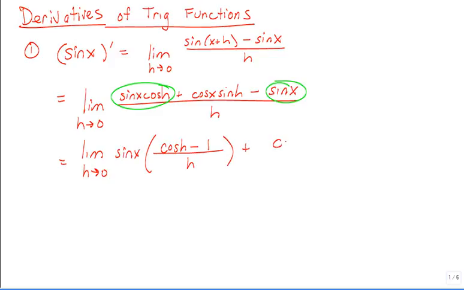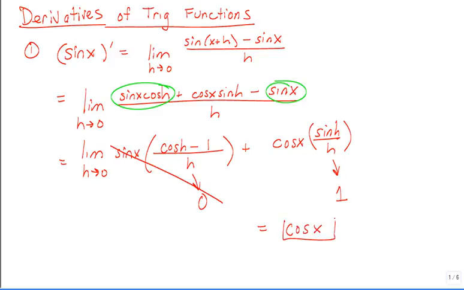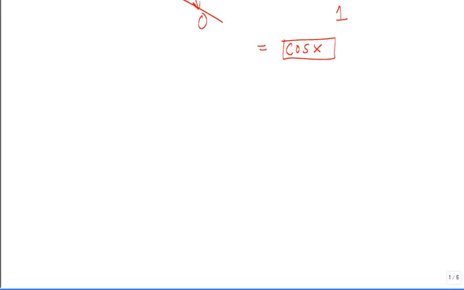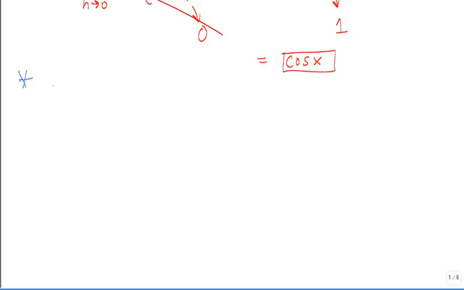You should recognize that. Here's what's left over. Now we saw that goes to 0. That's a trig limit. This goes to 1. So that's 0. This is cosine x times 1, so it all goes to cosine x. So that says that the derivative of sine is cosine.